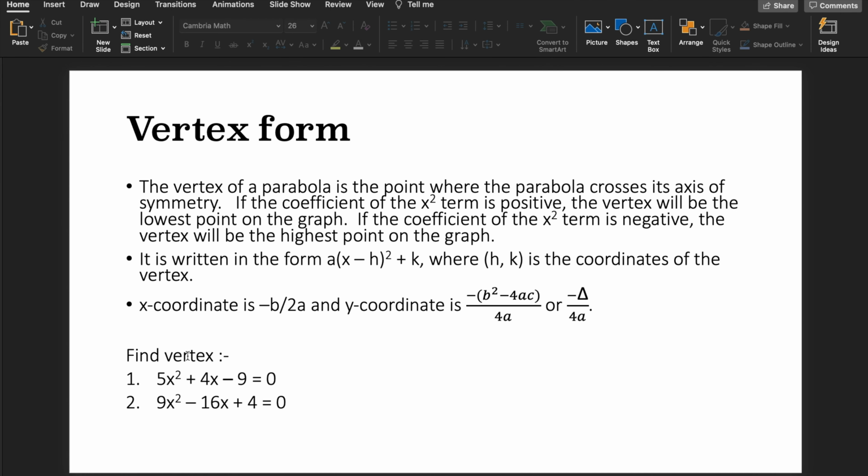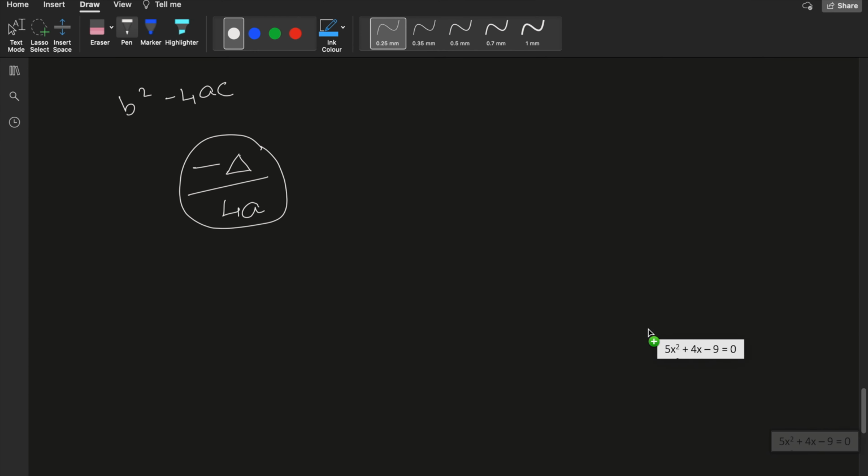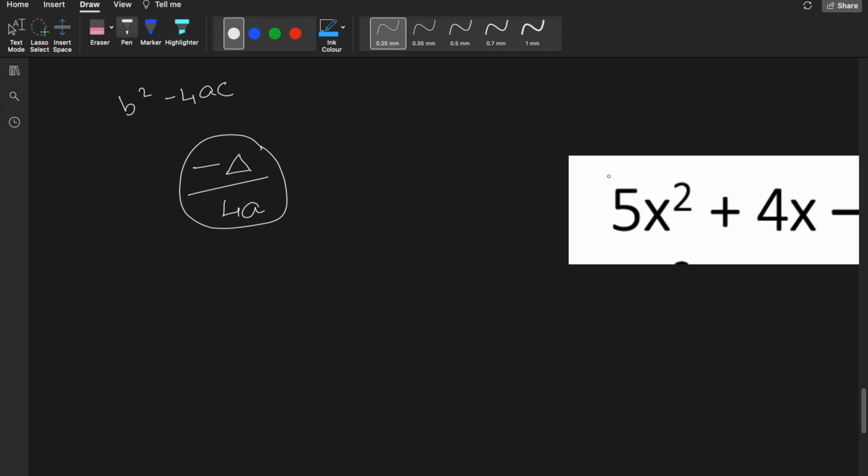Let's try a few equations. 5x squared plus 4x minus 9.